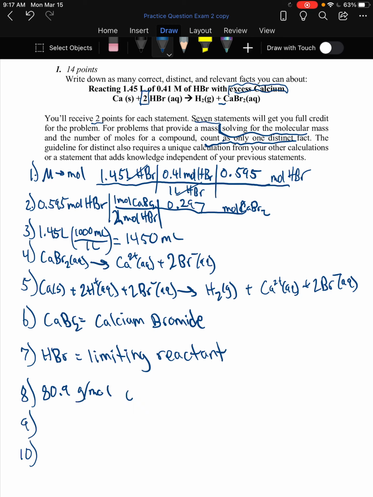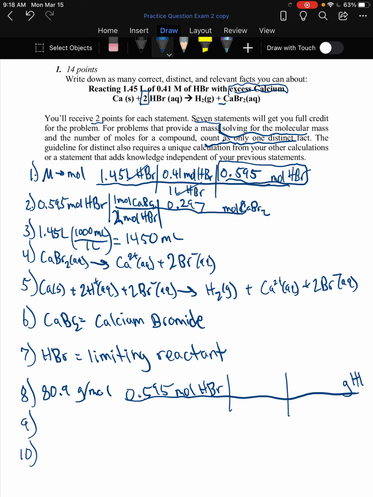So the fact that I have 80.9 grams per mole for HBr needs to be used in order to get full credit for this. We can take what we solved for at the beginning, which was 0.595 moles of HBr, and figure out how many grams that is, because we use the molar mass of a compound to convert between moles and mass. So we're trying to convert between moles of HBr to mass of HBr in terms of grams.